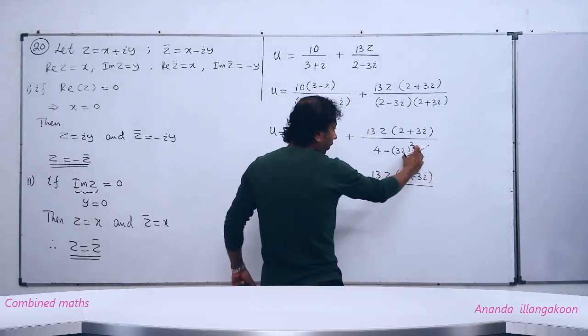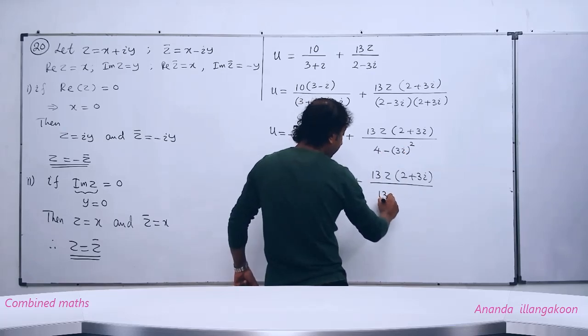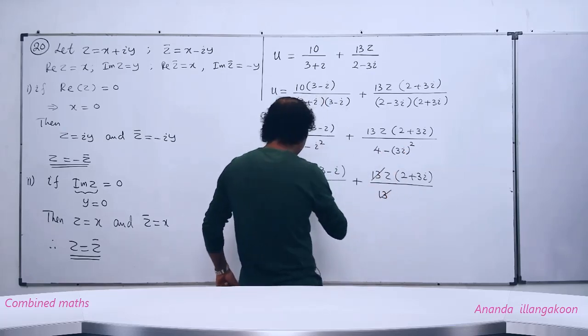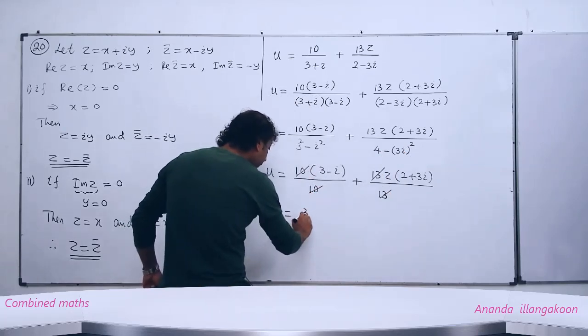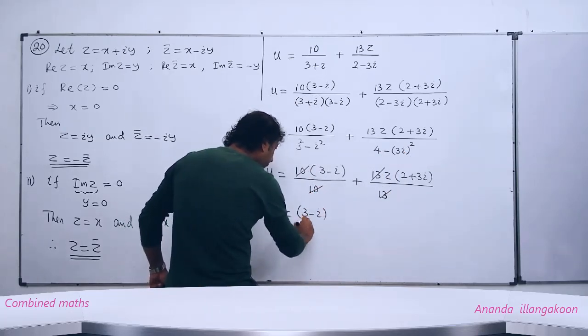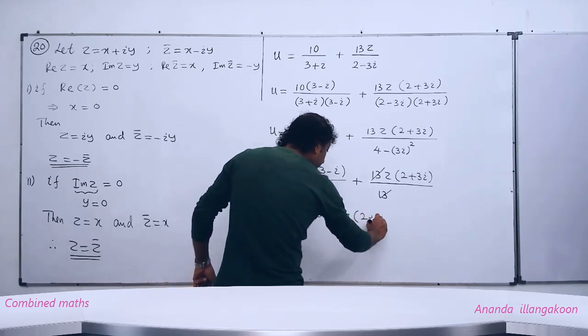I squared is minus 1. Then this plus 3 squared is 9. 9 plus 4 is 13. This and this you can cancel down. This and this you can cancel down. U equals 3 minus i plus z times 2 plus 3i.